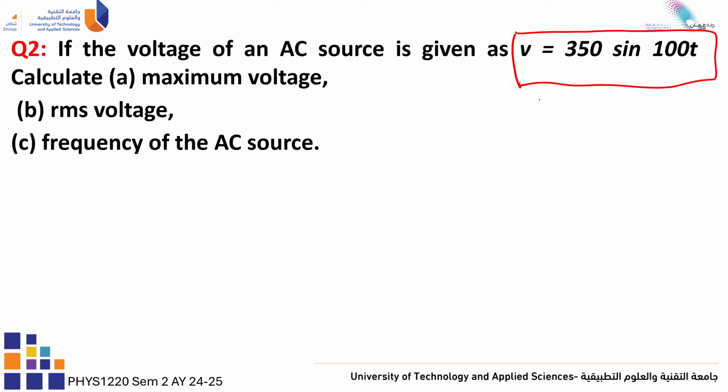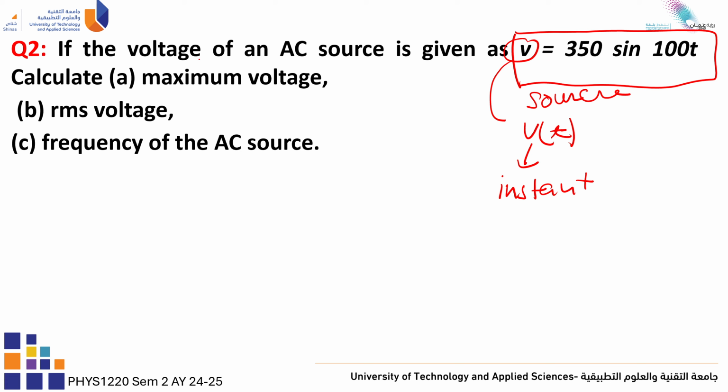Sometimes some numbers are given, but here it is given as an equation. This is the source voltage, and it is an instantaneous voltage. You have to understand this from the type of the question.